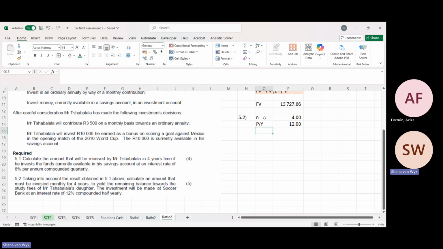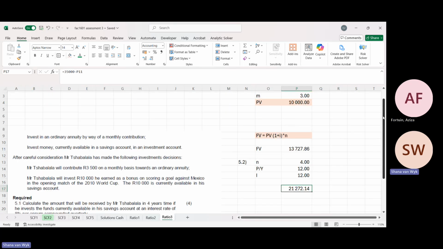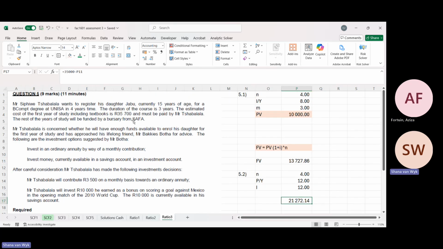You're just going to say the 35,000 minus the present value, and that's what you're going to need. But is it 35,000 or 35,800 or something? Let me just check. 35,700. Right. So this is the remainder.